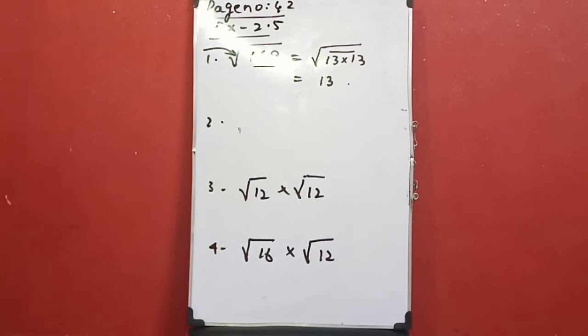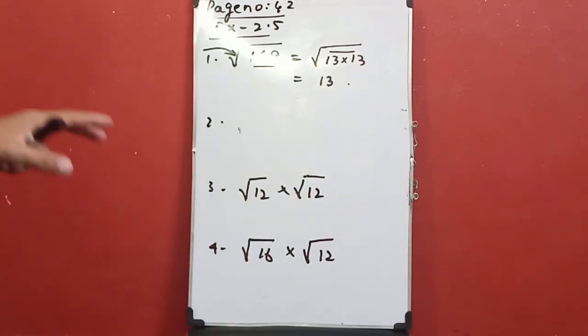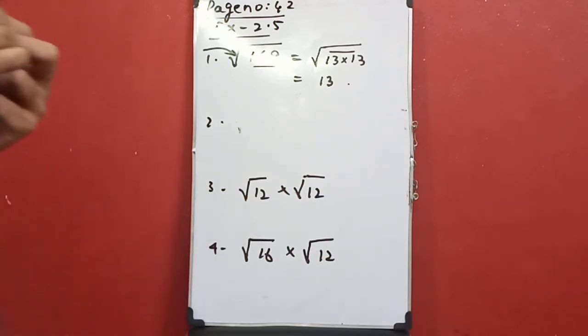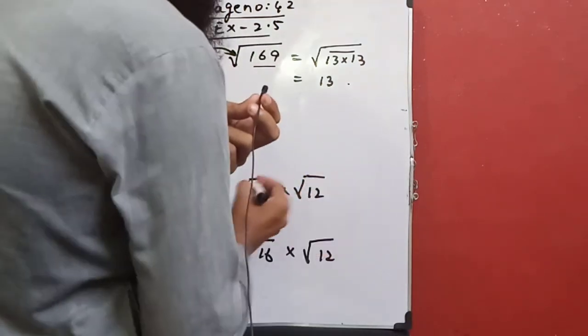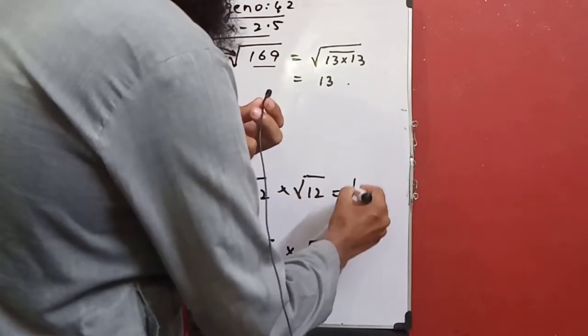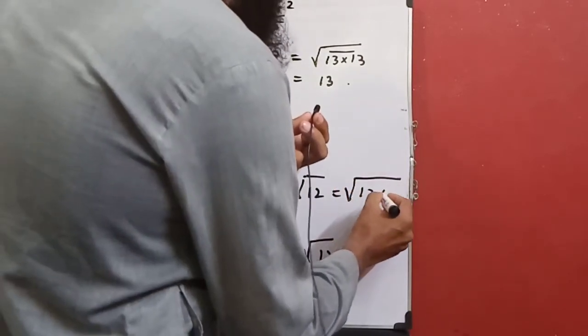Okay, student. Now come to question number 3. As per the laws or rules of the radical, if the same number comes in the radical sign twice, we write it in a single radical sign. So radical 12 multiplied by radical 12 we write as the square root of 12 multiplied by 12.